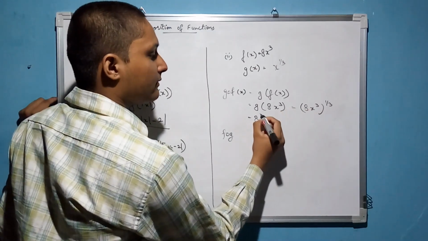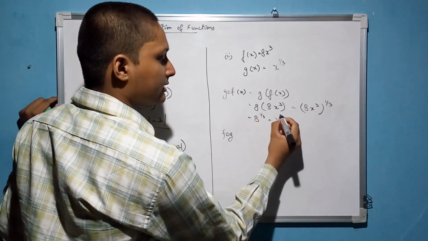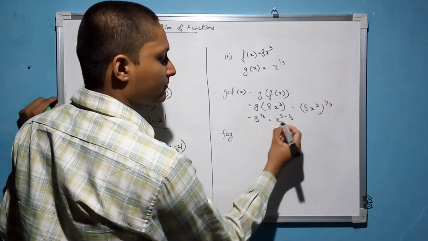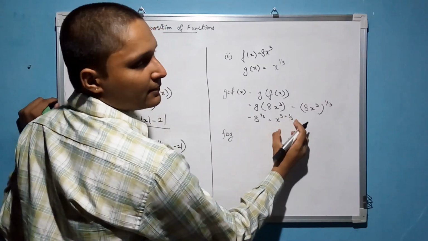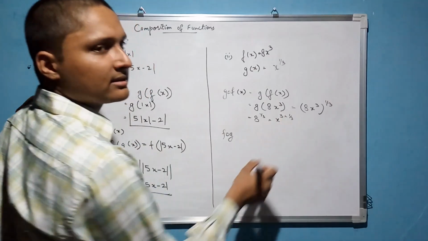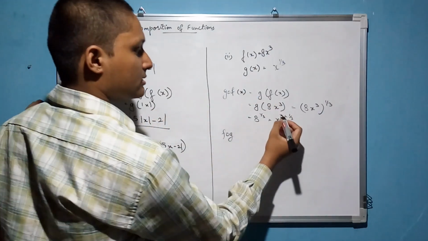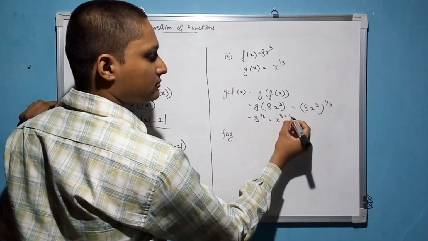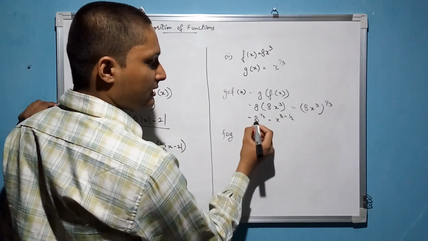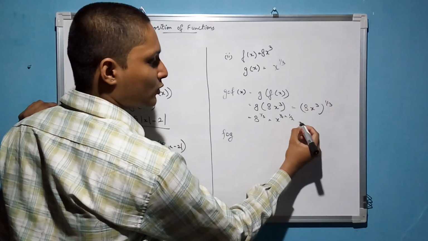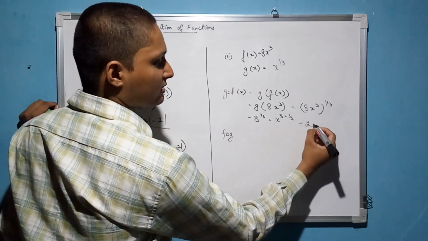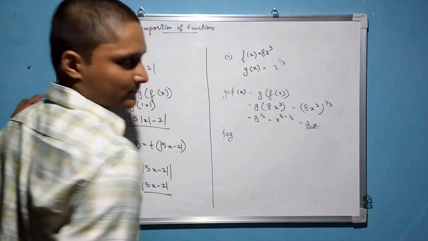That comes to be 8 power 1 by 3 into x cube whole power 1 by 3, or I can write it as x raised to a into b. So 3 into 1 by 3 comes to be 1 itself. 8 power 1 by 3 is 2. I think you know that. So this comes to be 2x.